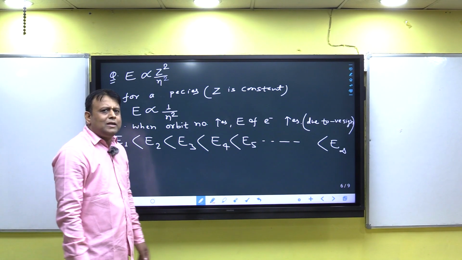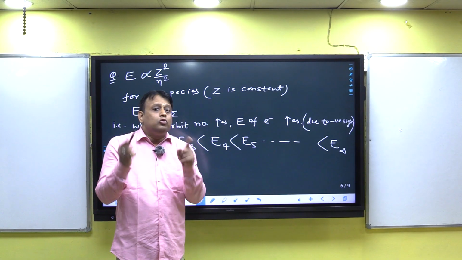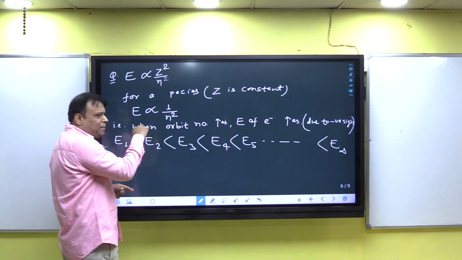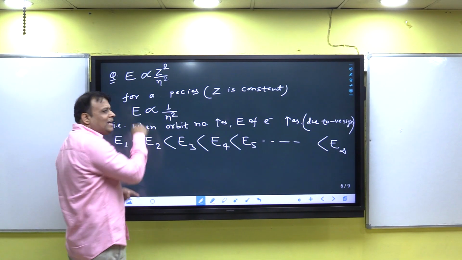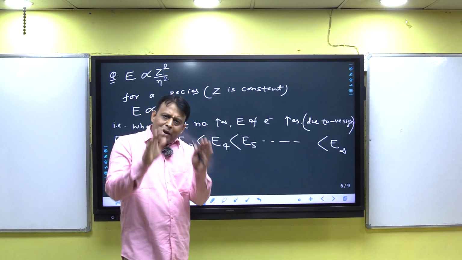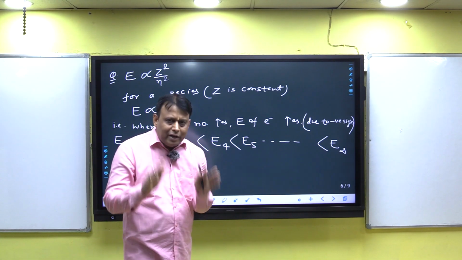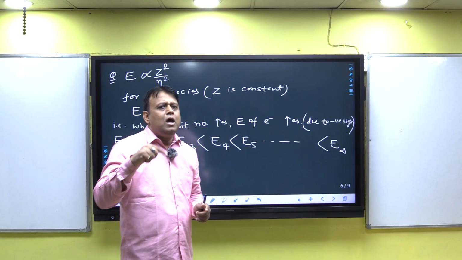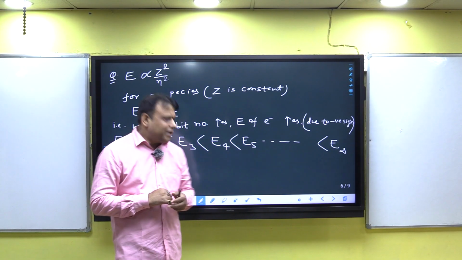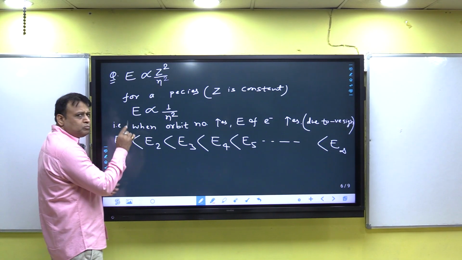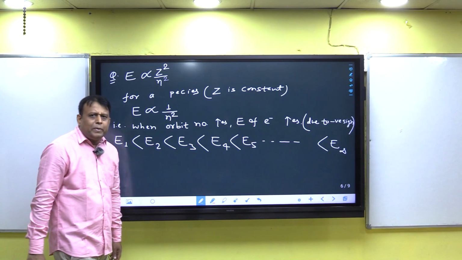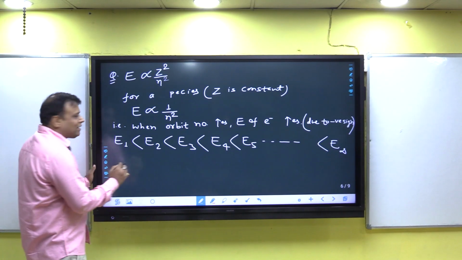Why? Due to the negative sign of energy, because n is inversely proportional and energy has a negative sign. So with an increase in orbit number, the numerical value of energy of the electron decreases with negative sign, and when in negative sign the numerical value decreases, it means increases, and hence E1 is less than E2. That means as orbit number increases, energy of the electron increases in any atom.